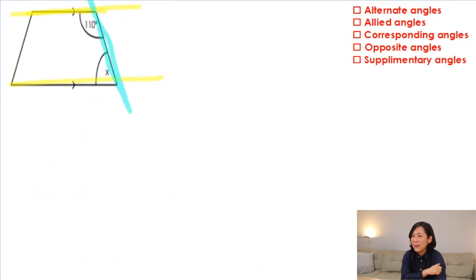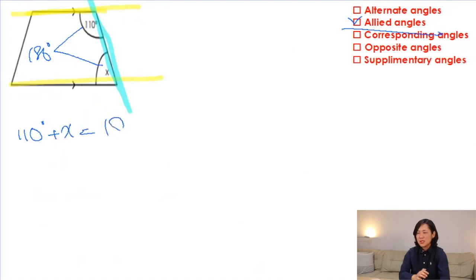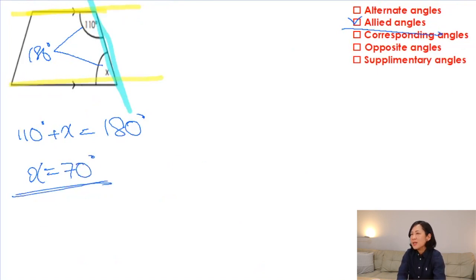So now we can see 2 angles. Exactly, these 2 angles are allied angles. Excellent. Then they add up to 180. So 110 plus x is 180. So x is 70.